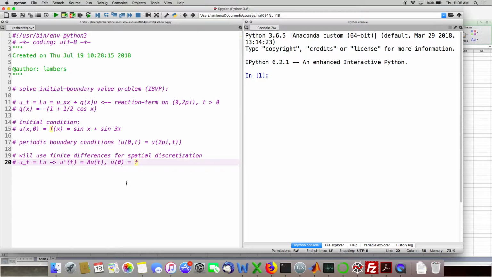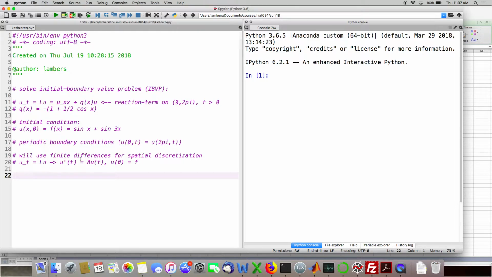I need a certain number of grid points for my spatial discretization. So I'm going to focus on spatial discretization first. Once I have my system of ODEs, u' equals Au, I will need to do time stepping. I will come to that later.